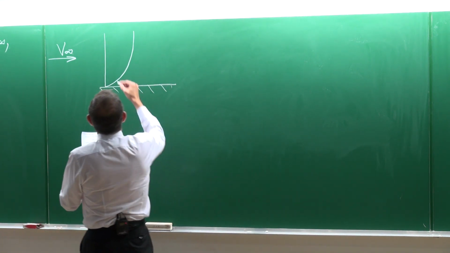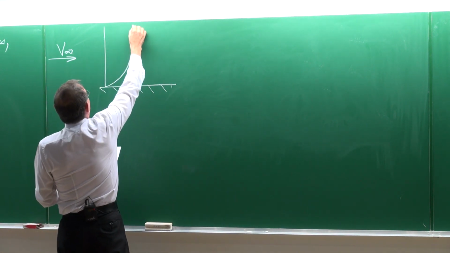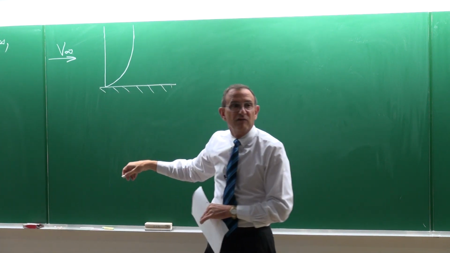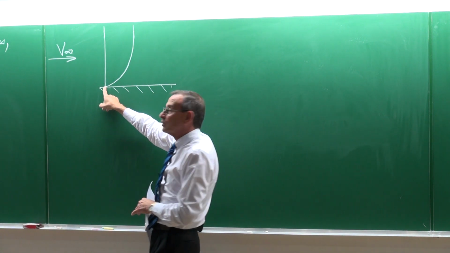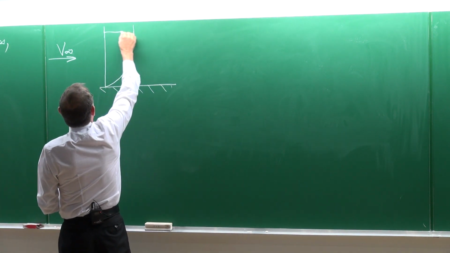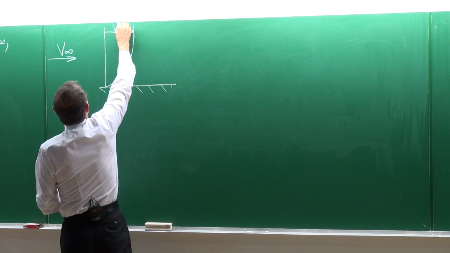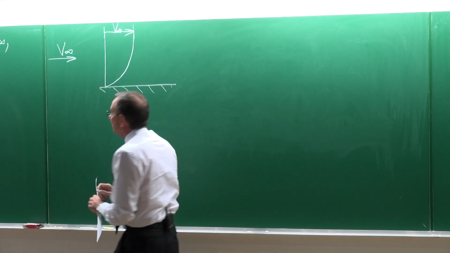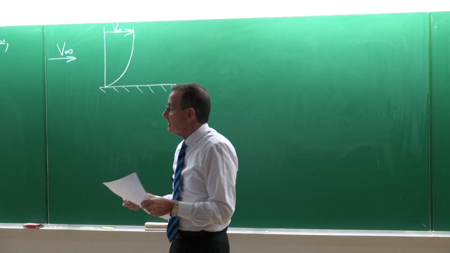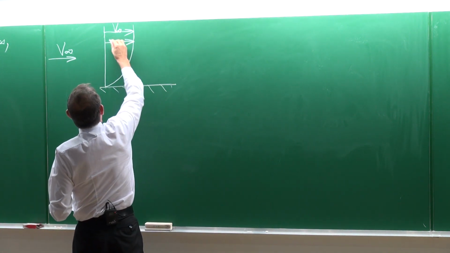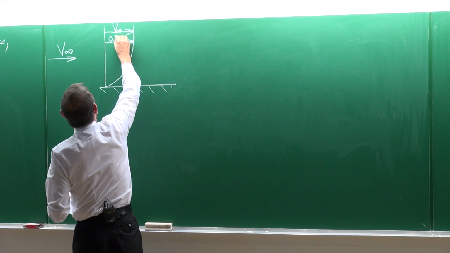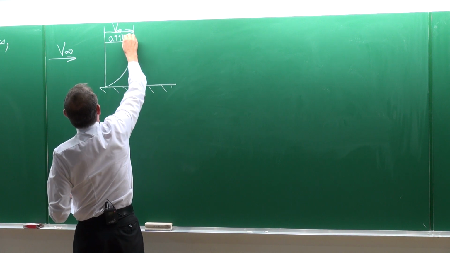And you've done it last year, so there will be a no-slip velocity, which means that the velocity would be equal to 0, and that is the free stream velocity, V infinite, and this velocity 0.99 times V infinite.